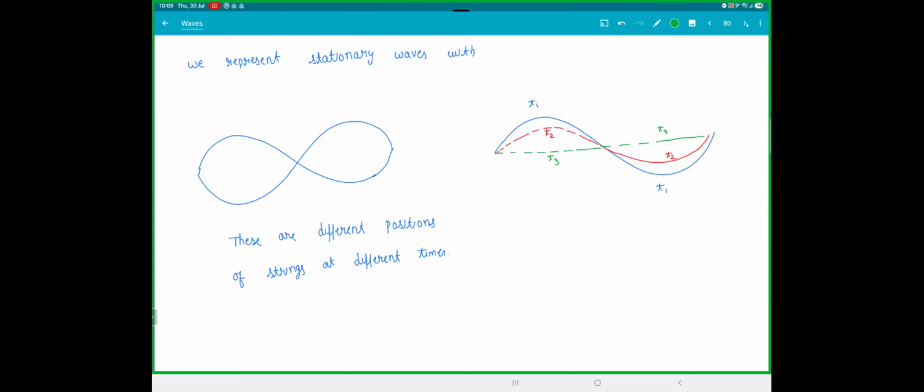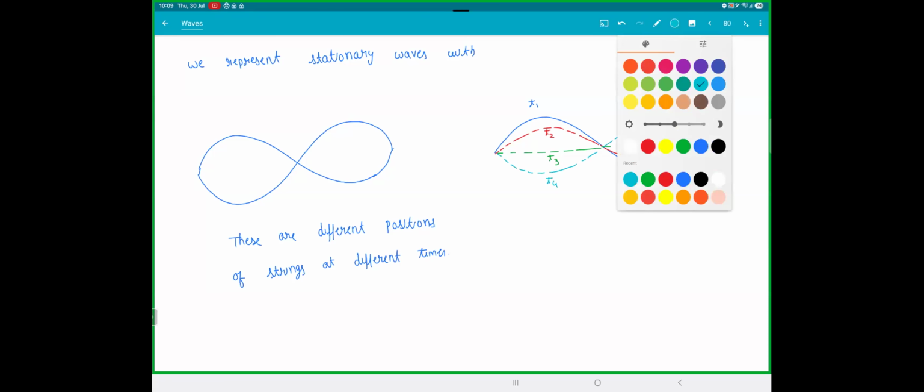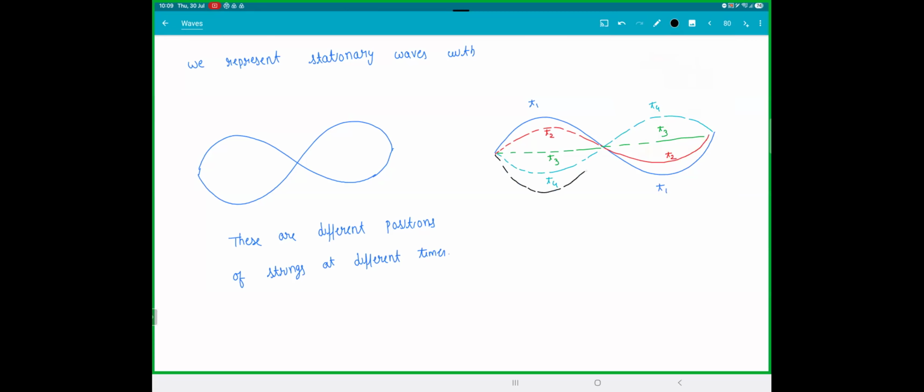The next moment, the string will go a little down. This is time t4. Next moment, the string will go to the other extreme. This is time t5. You're getting different times, and the string is at different positions. If this happens really fast, you think it is a loop.